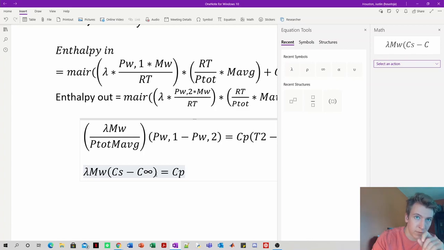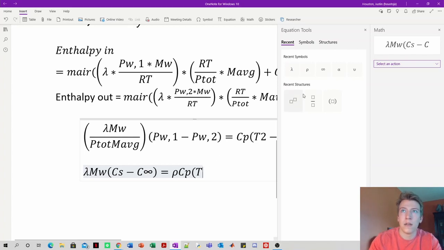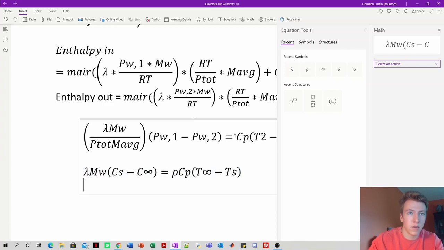So let me put the rho in front of this. We found that from the correlation again of the Lewis relationship, and that's going to be T infinity minus T at the surface, temperature of water at the surface. And then we can continue this on.